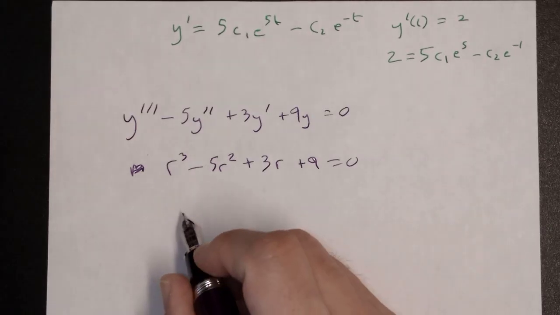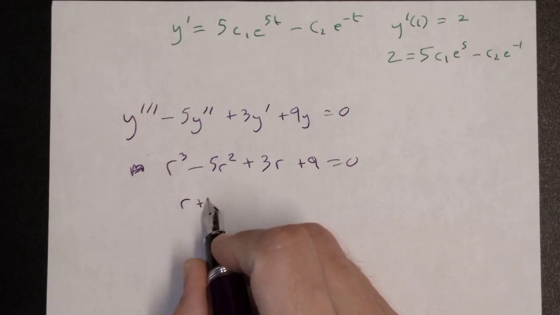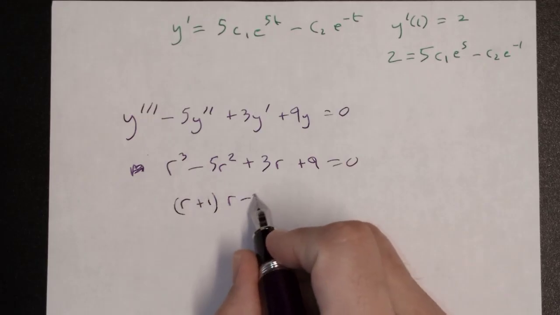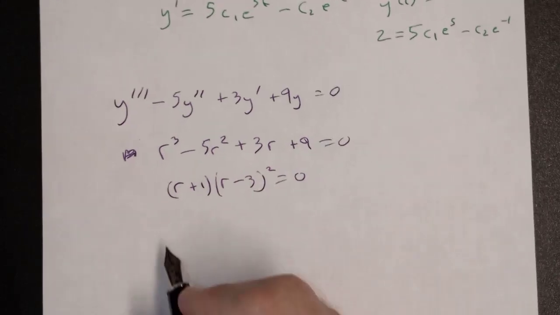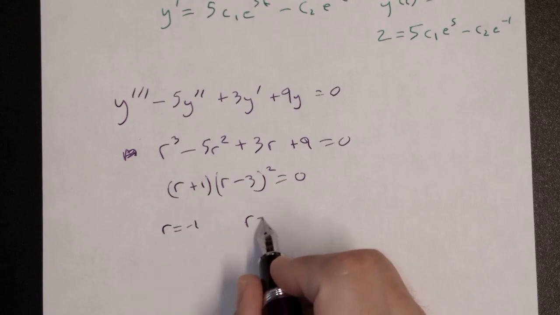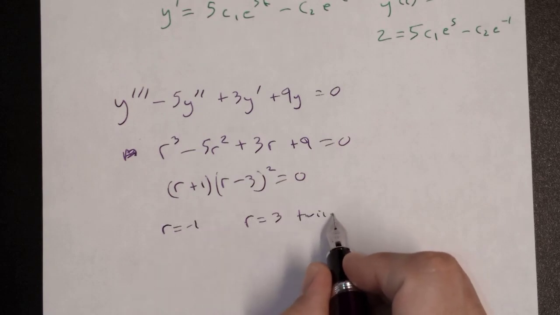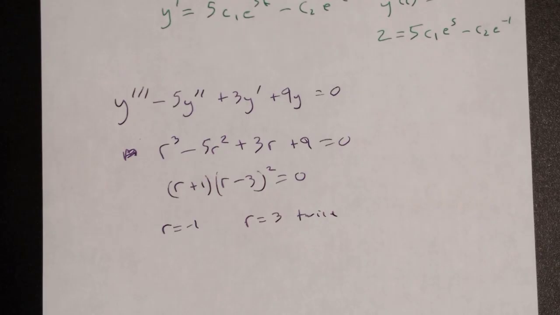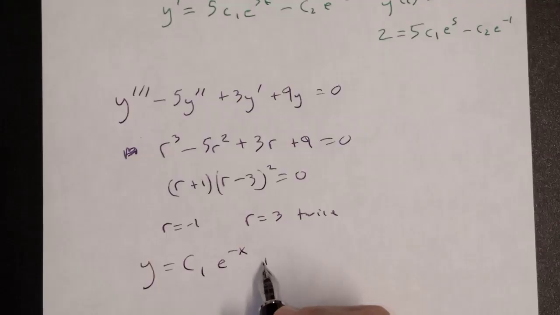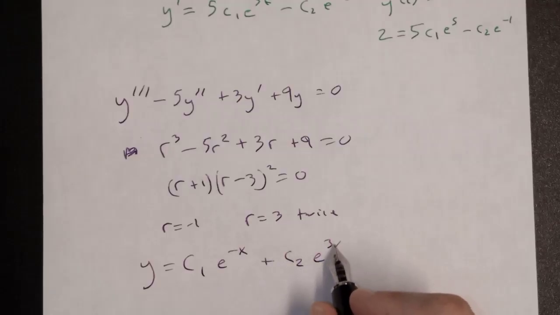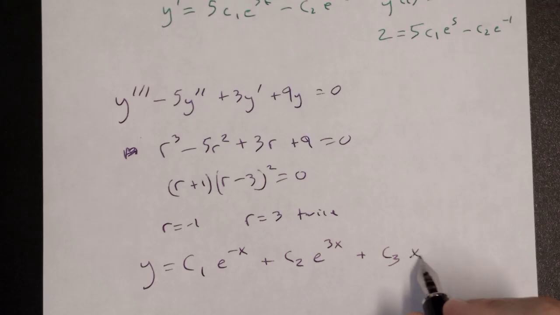I get r plus 1 times r minus 3 squared, which means I have a repeated root. R equals -1, R equals 3, repeated. So I get C1 e to the minus x plus C2 e to the 3x plus C3 x e to the 3x. Ta-da!